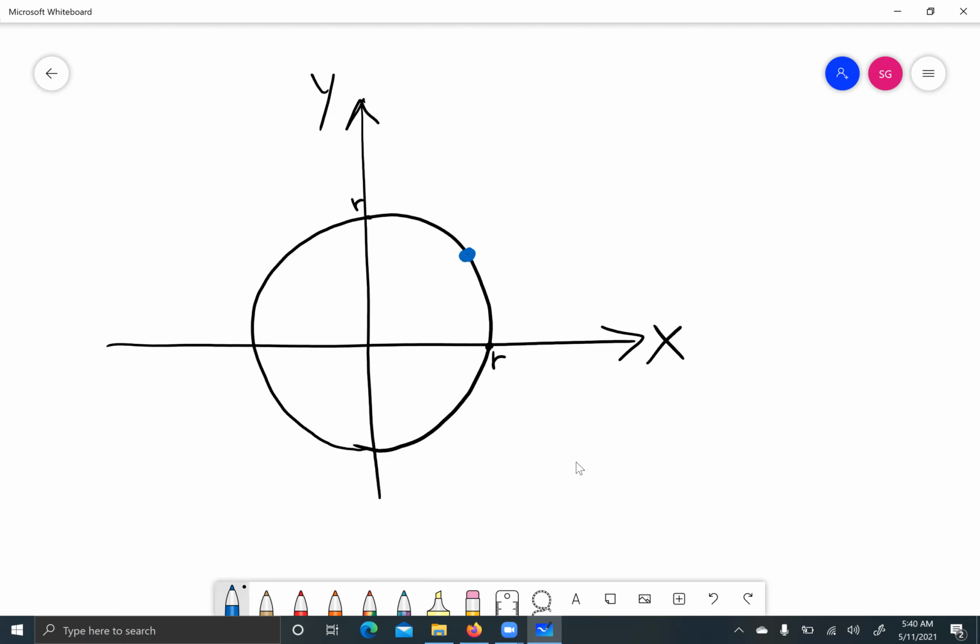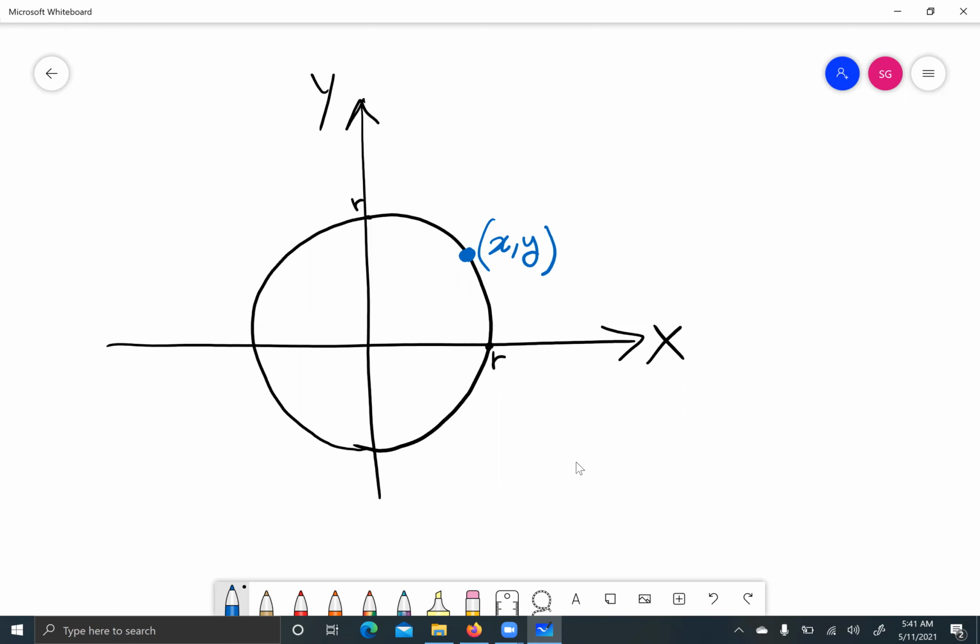So for example, this point that sits on the circle, in terms of coordinate system, has a coordinate value of x and y. So you can identify this point as having two values, x value and y value.